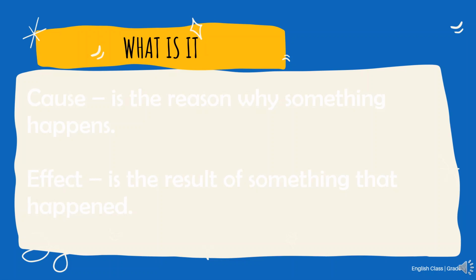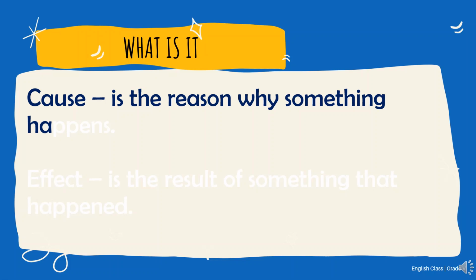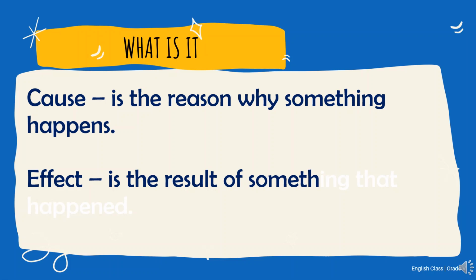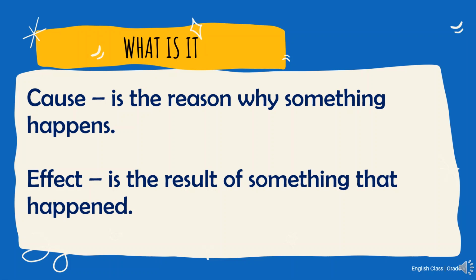You also may have noticed that in any cause and effect relationship, there is always one event that serves as a cause and another event that becomes the effect. The cause is the reason why something happens, while the effect is the result of something that happened. Whatever the case may be, the cause always takes place before the effect, and the effect always happens last.